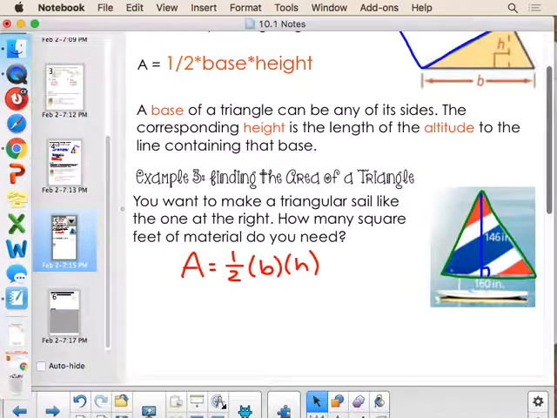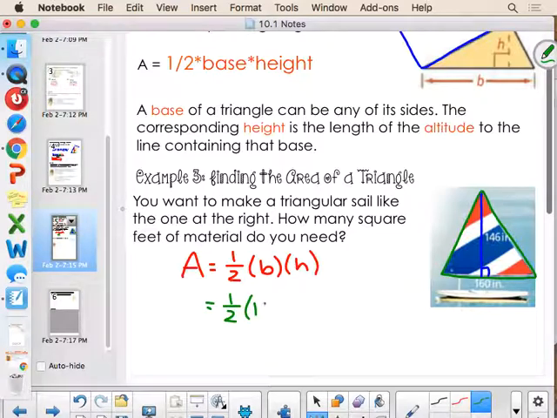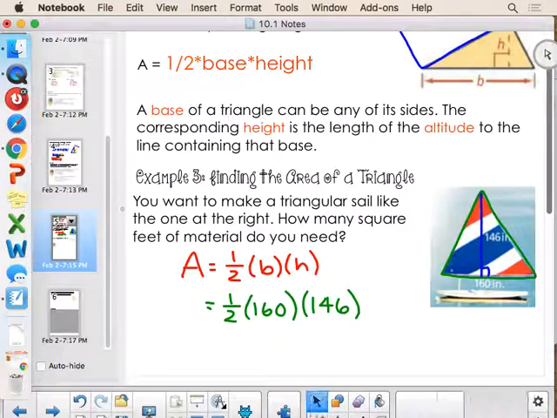What am I going to use for my base here? 160. Very good. What am I going to use for my height? 146. All right, we need 1/2 of 160 times 146. What do we get? It's a big number, right? 11,680.